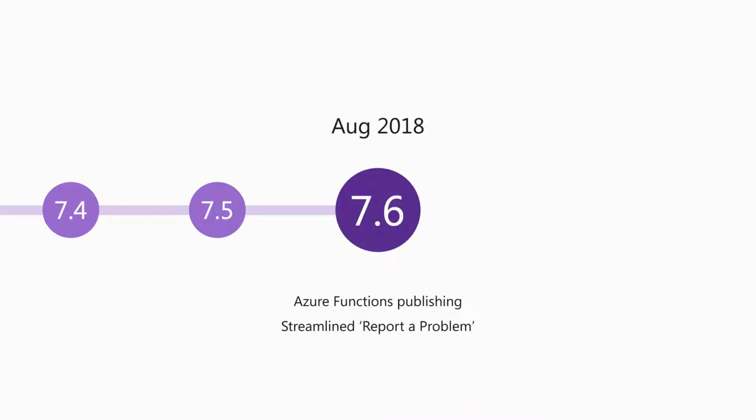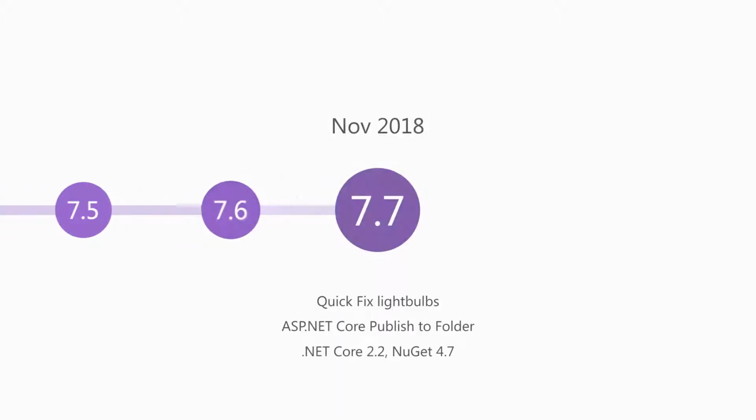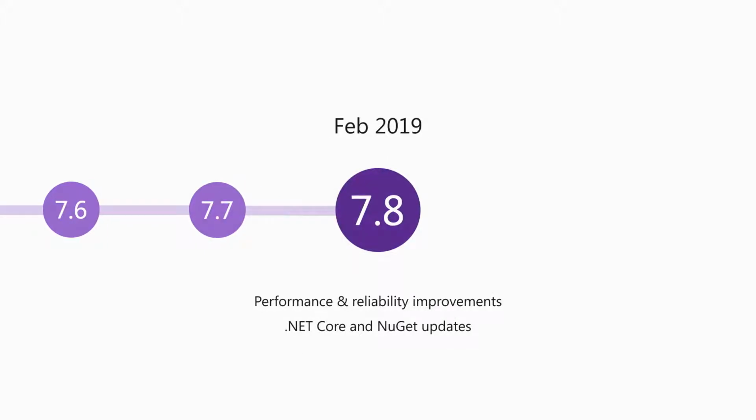In 7.6, we added support for publishing Azure Functions for serverless support. In 7.7, we made it much easier to discover the availability of quick fixes and refactorings via the light bulb. And that brings us to 7.8, the last of the 7 series, which was mostly focused on performance and reliability.